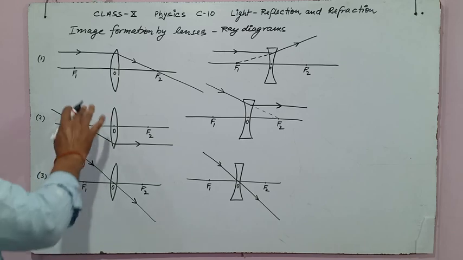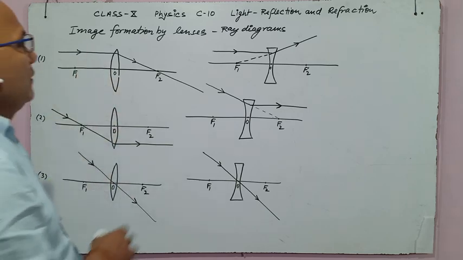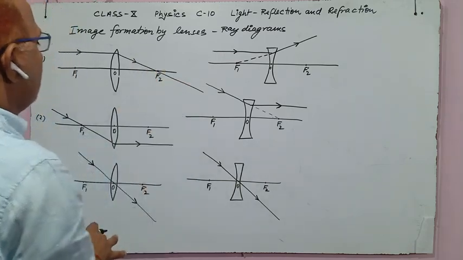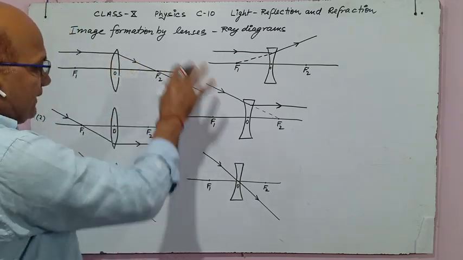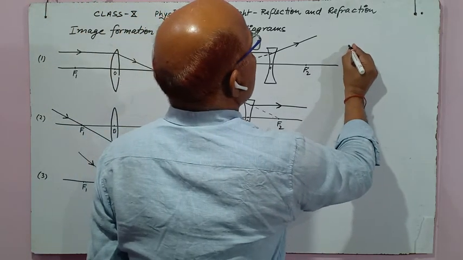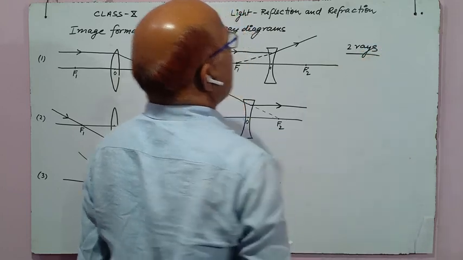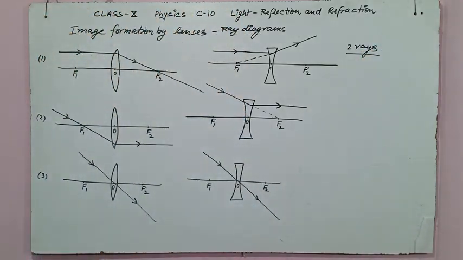So in overall, to draw ray diagram to get the image by spherical lenses, any of the two rays we will use. We will select the two rays out of all these three. So only two rays are required to draw the ray diagrams.